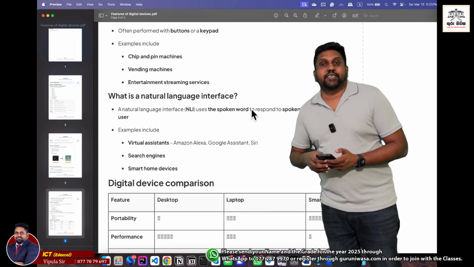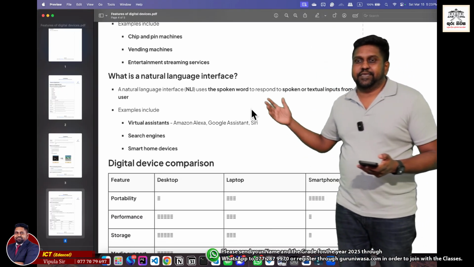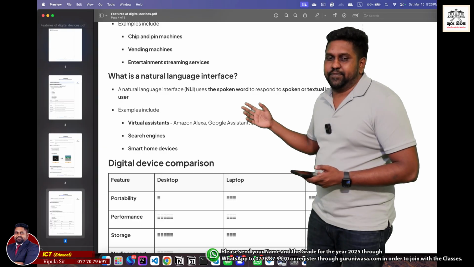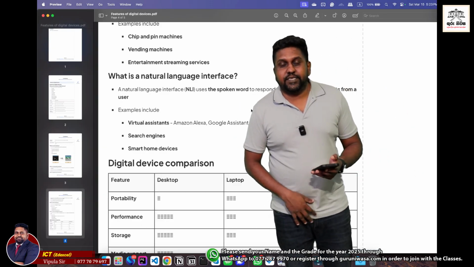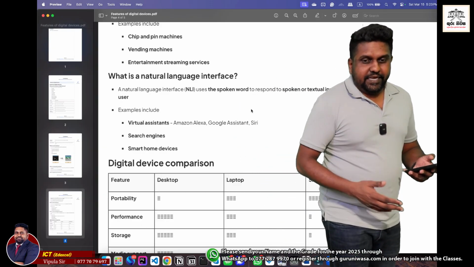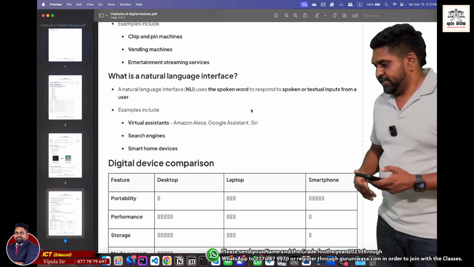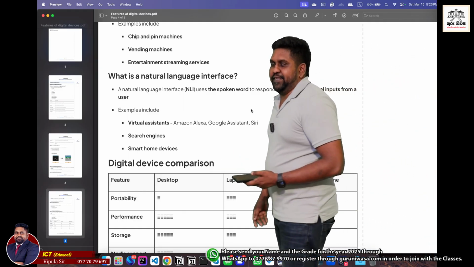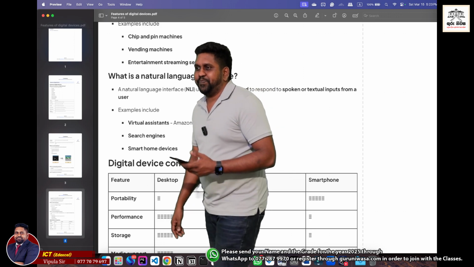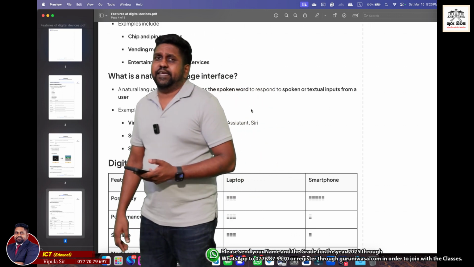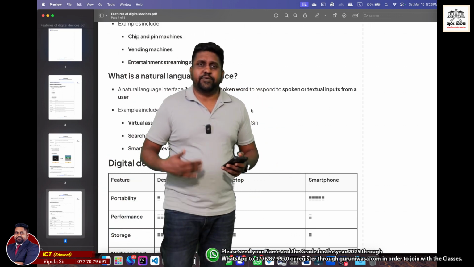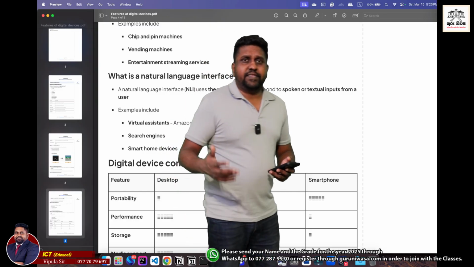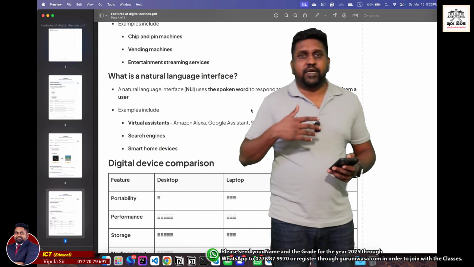Then we jump into this new thing called natural language interfaces, NLIs. NLIs are something which came up very recently, where we have the ability to communicate with a device through our natural language.